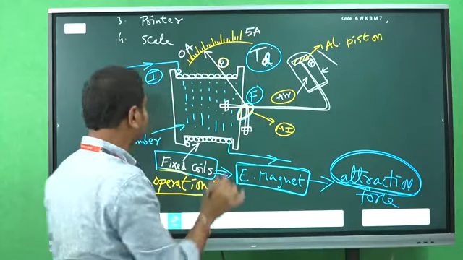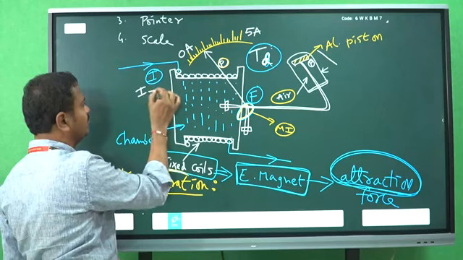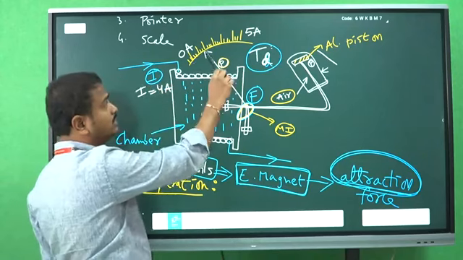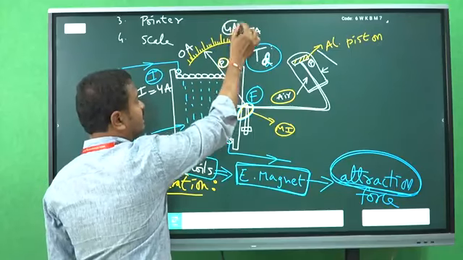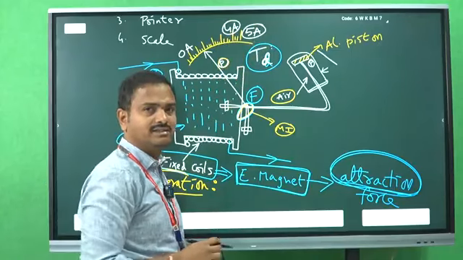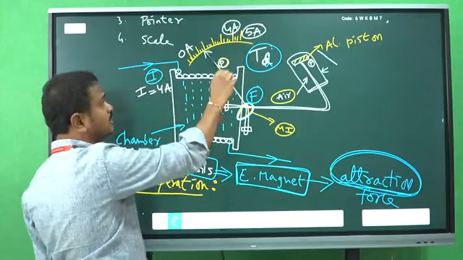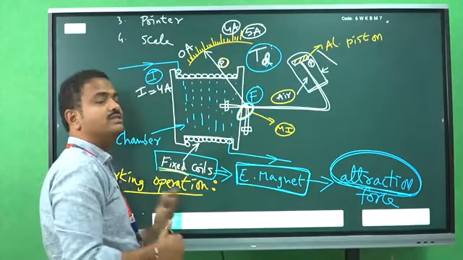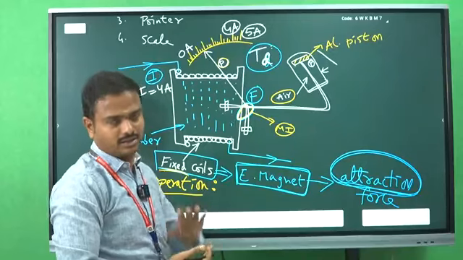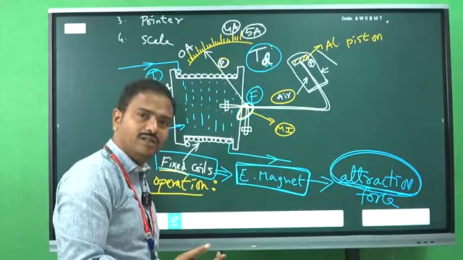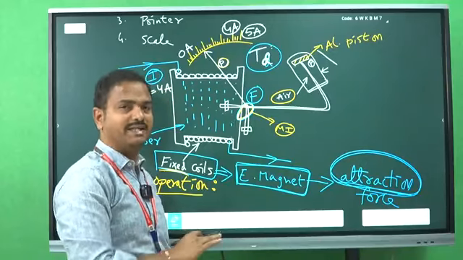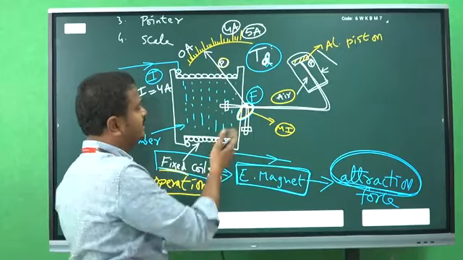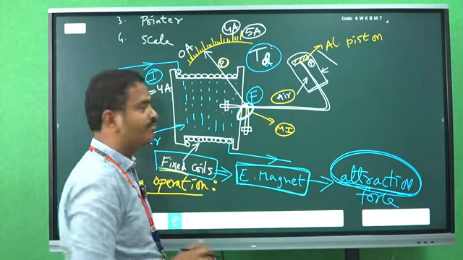But if the current value is only 4 amperes, then the pointer should stop at 4 amperes, not 5 amperes, and not more than that. So for that we need an opposing force, nothing but controlling torque. Clear? Controlling torque is provided by the control springs. The control springs are connected at the back side of the chamber.